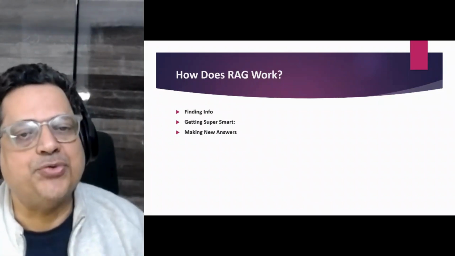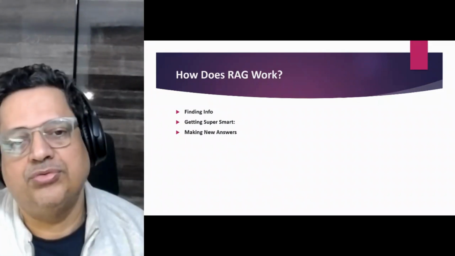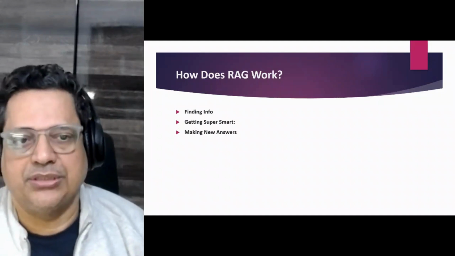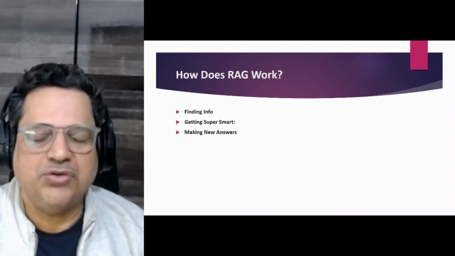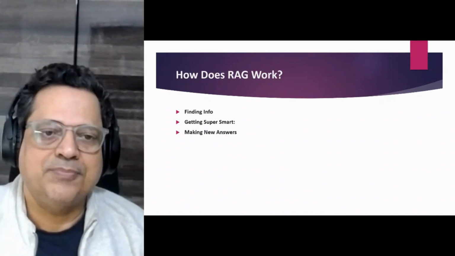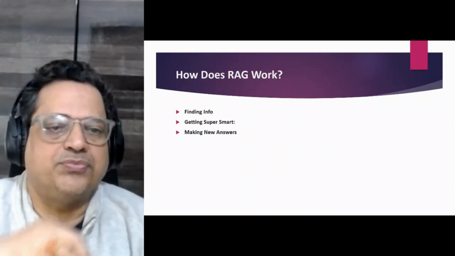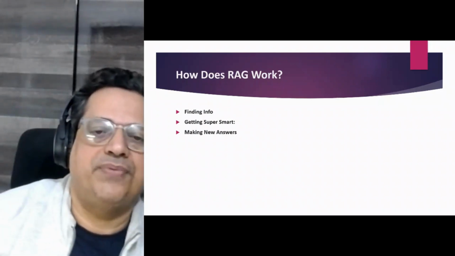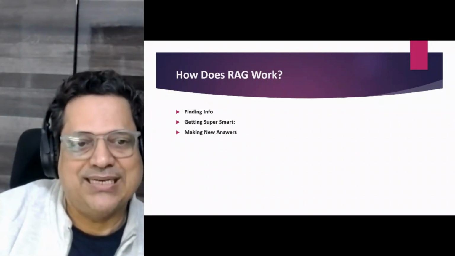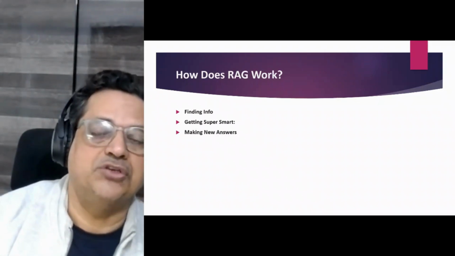And then making the new answer, meaning that every time you ask a question, it is not a keyword search. It is about what the intention or context of your question is. Based on that, the generation of the answer will happen, right? That's why you get a more accurate, personalized and human-centric answer.